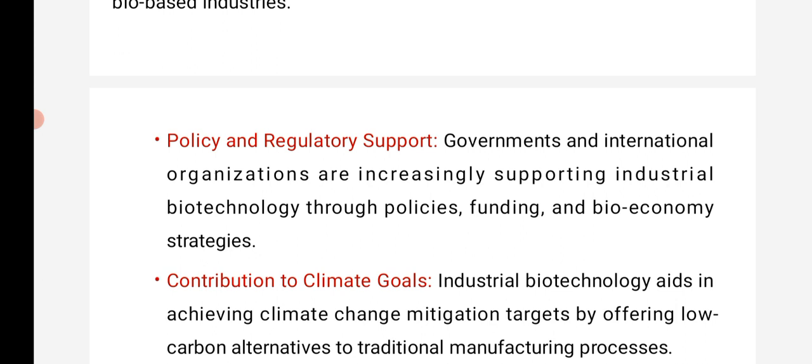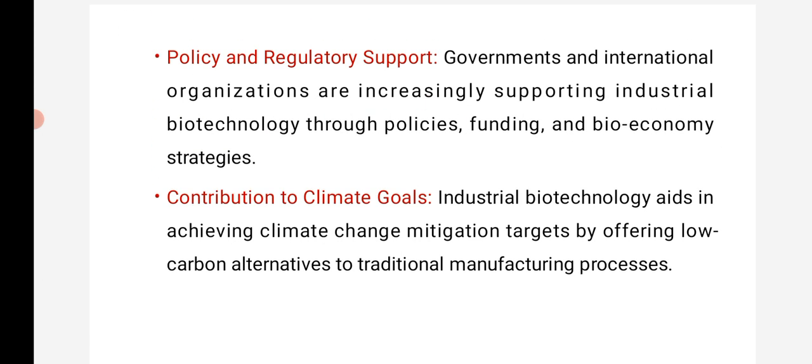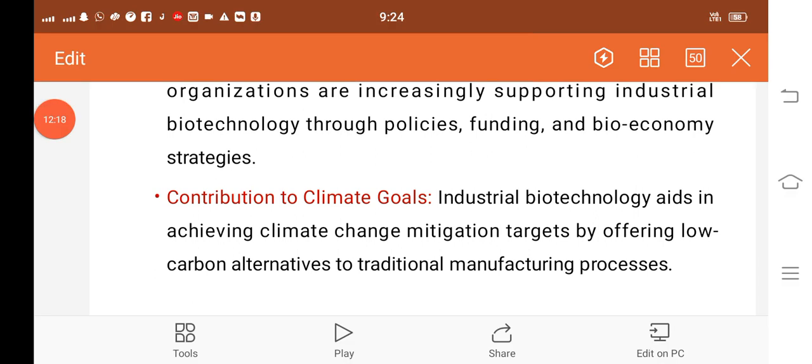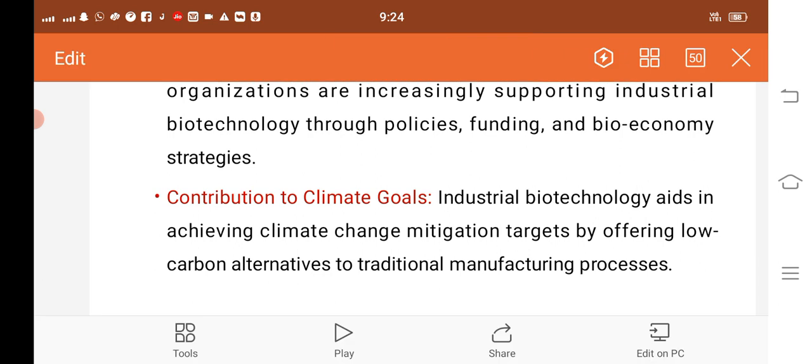So finally, the contribution to climate goals: industrial biotechnology helps achieve climate change mitigation targets by offering low-carbon alternatives to traditional manufacturing processes. So that's all. Thank you all.